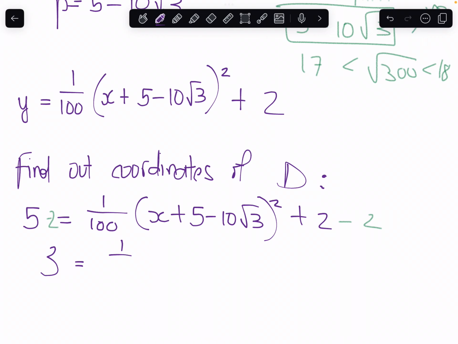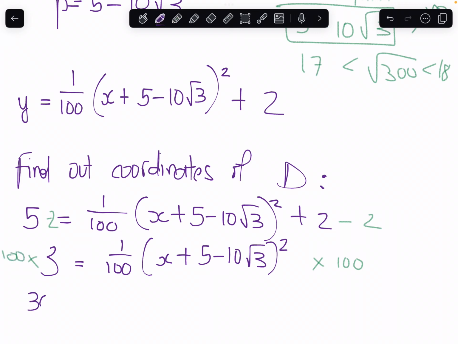3 is 100th times this. Okay, then times by 100 to get rid of this guy, once again times this side by 100. So we have 300 is equal to (x plus 5 minus 10 root 3) squared.